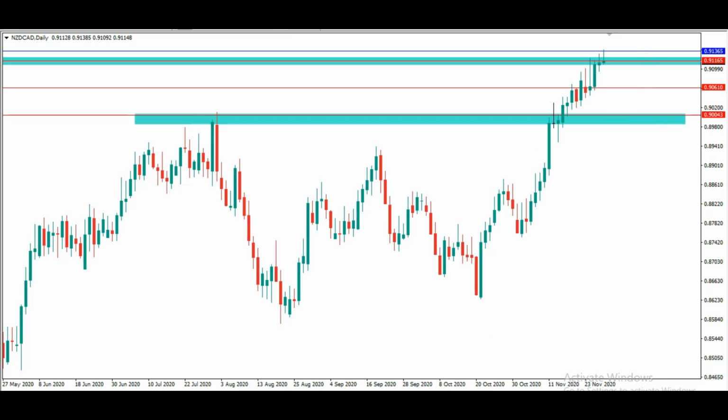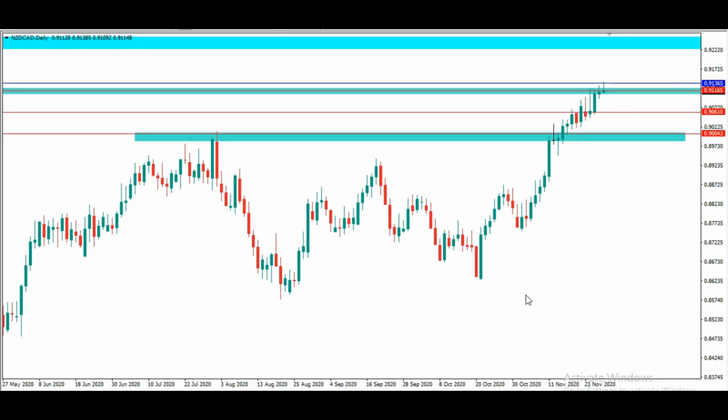But if that's not going to happen, then what I'll get will be a nice daily close above this Thursday and Friday candle, then on the retest of this area, I'll be taking my long trade into the overall target at that area right there.